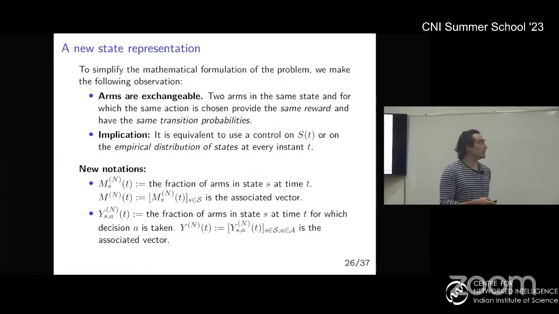Because actually, two arms that are in the same state, and when the same action is chosen, provide the same reward and the same future evolution. So this is why, at the end, we design a policy on M. Right? So now I will just write down on the whiteboard some notation to remember.